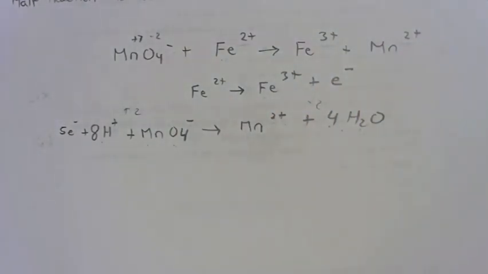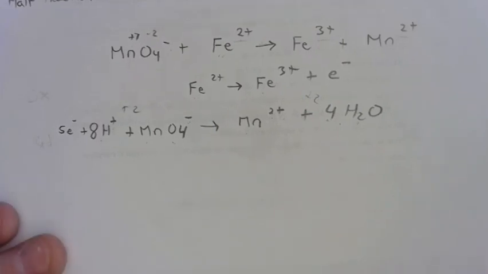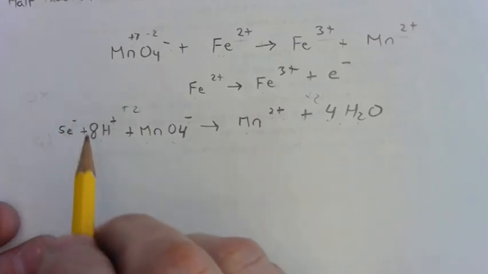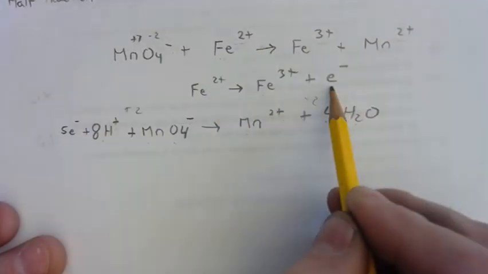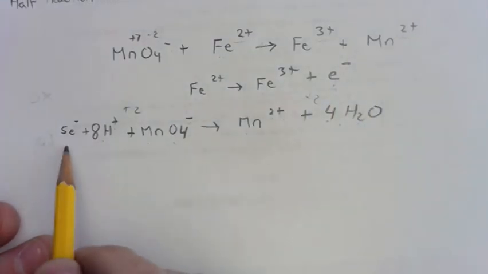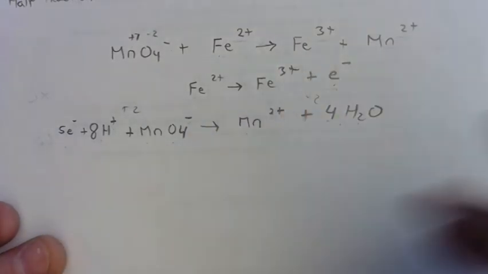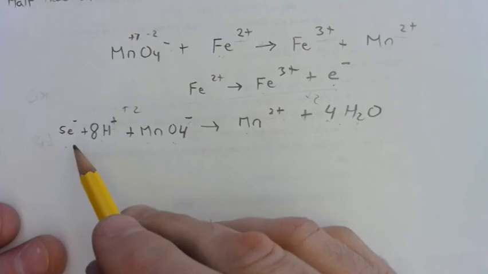Now, the next step is to make the number of electrons equal in both half reactions. In this half reaction, we have 1 electron. In this half reaction, we have 5. So we want them to be the same number. The least common multiple of 1 and 5 is 5.